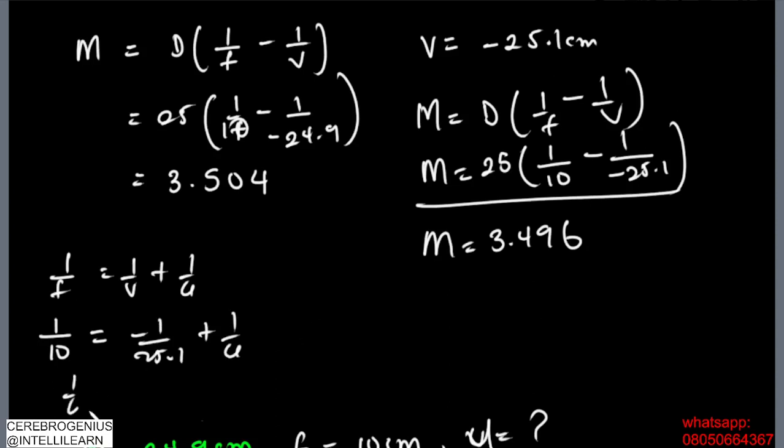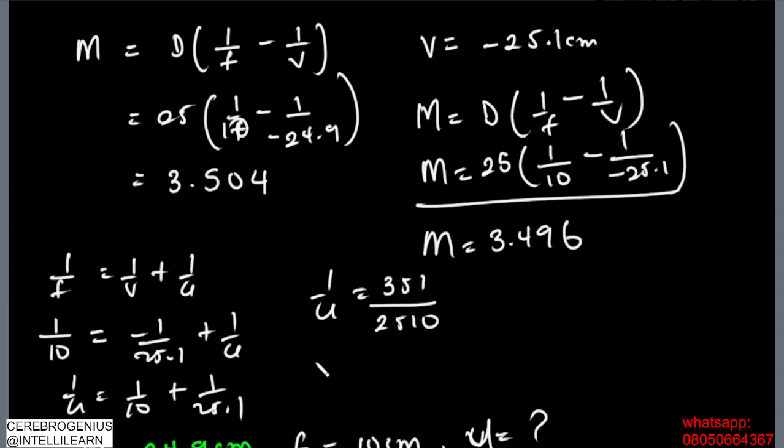So you get 1 over u equals 1 over 10 plus 1 over 25.1. That's 351 over 2510. So u will be 2510 divided by 351.